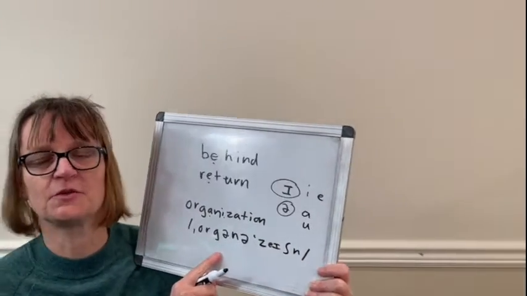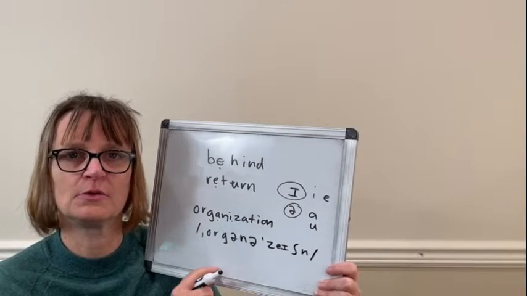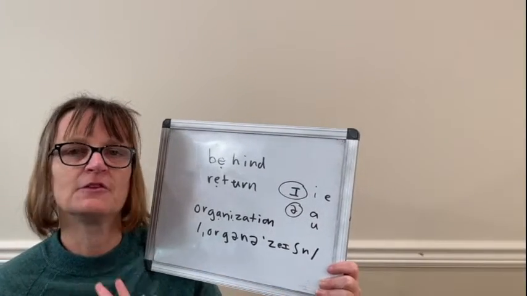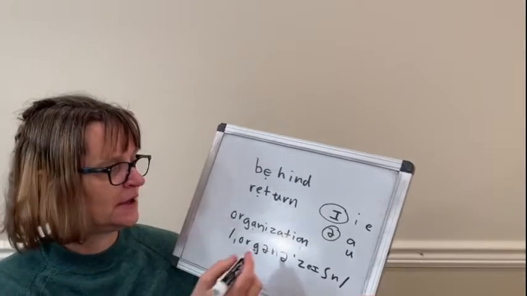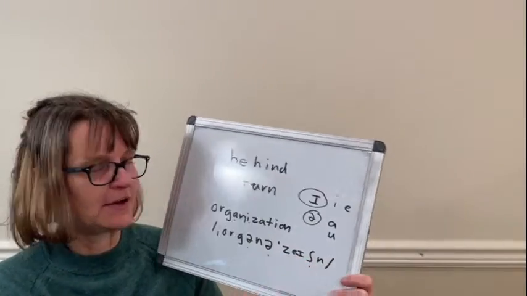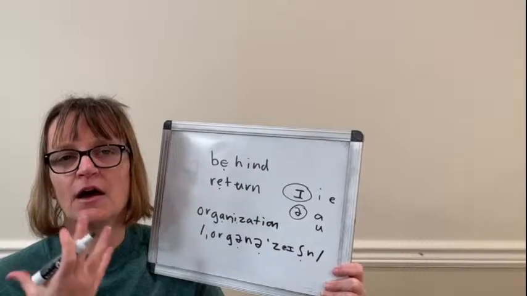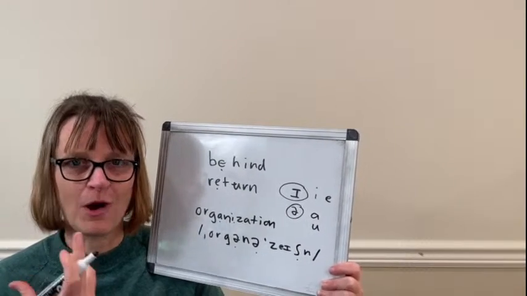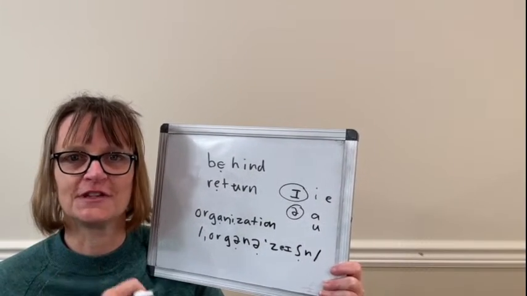But if I said this with a different reduced vowel, there's really no difference. Organization. All of these reduced vowels are just, there's very little vowel quality to it, so you can't really hear if it's an I or a schwa.